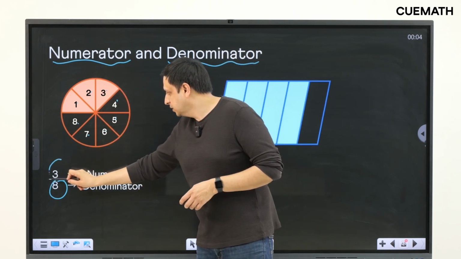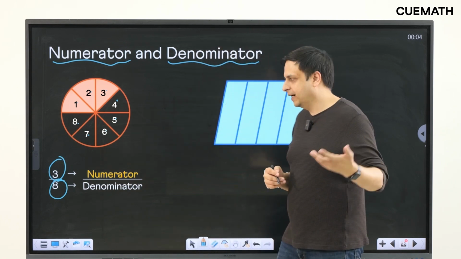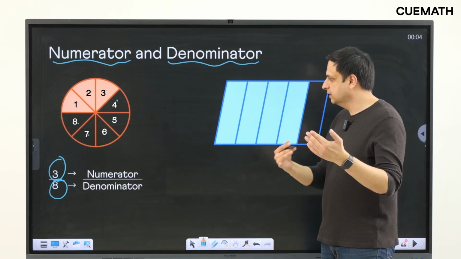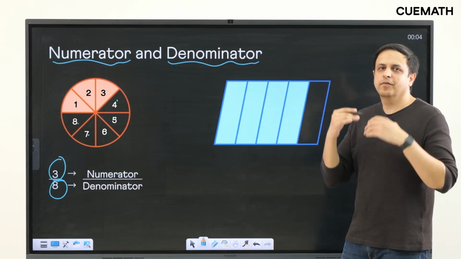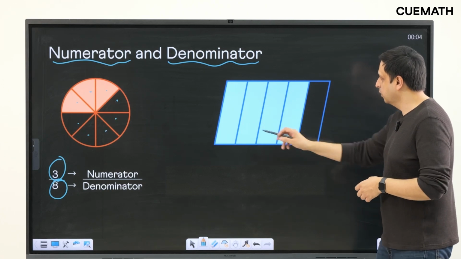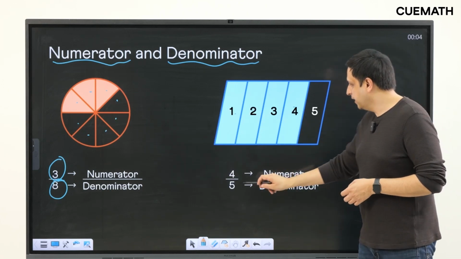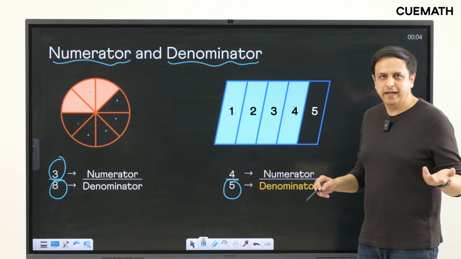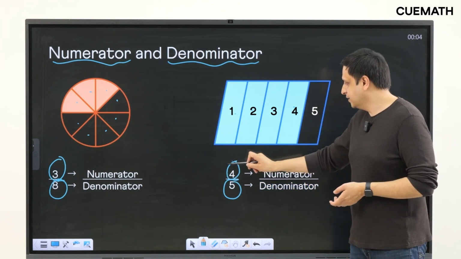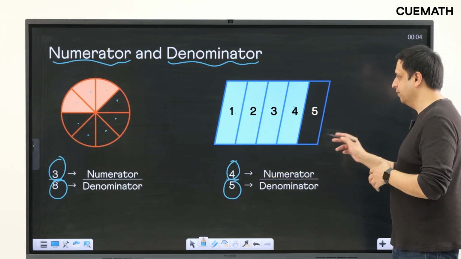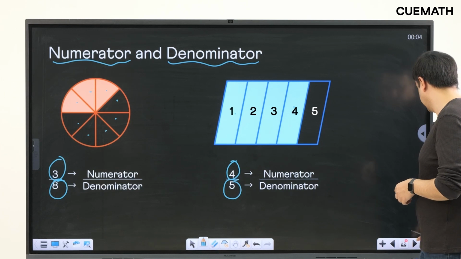So, 3 becomes your numerator, the number you write at the top. So, this is the fraction 3 by 8, numerator by denominator. In this case, the total number of parts is 5. So, 5 is your denominator and the number of shaded parts is 4. So, 4 is your numerator, 4 by 5 is the fraction's name in this case.